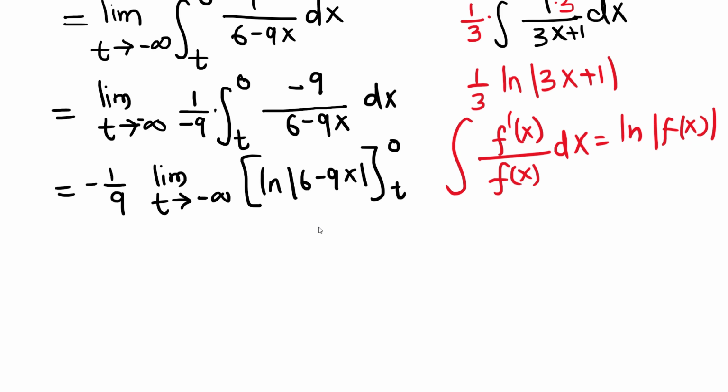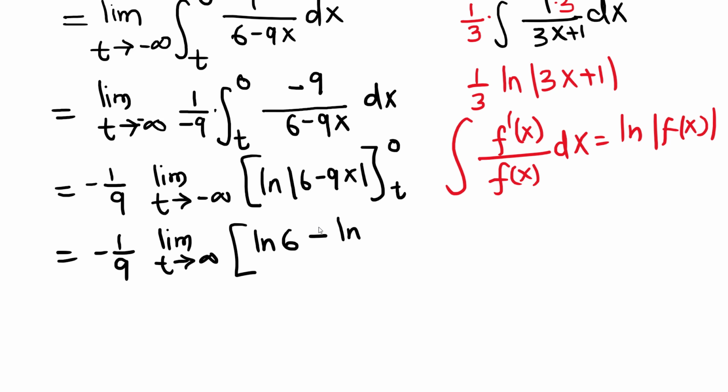So this is negative 1 over 9, limit of natural log of 6 minus 9 times 0. 6 minus 0 is 6, and the absolute value of 6 is 6, so just natural log of 6, which is a decimal number. That's the upper limit, minus the lower limit, natural log of 6 minus 9t.